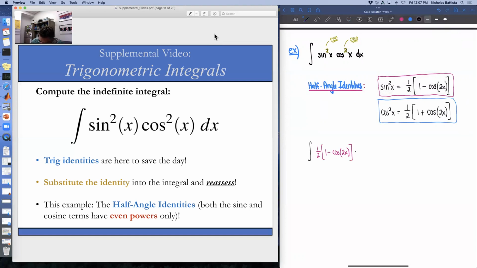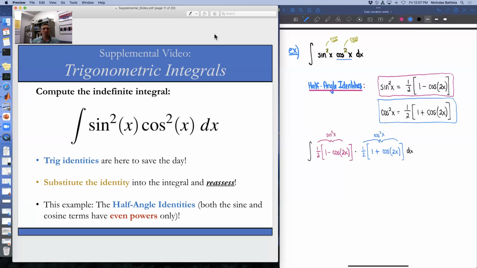Again, this first thing is our previous sine squared. Next, we'll substitute in for the cosine squared term, and that is also a 1/2 times the quantity 1 plus, this time, cosine of 2x. Again, that was our cosine squared previously.